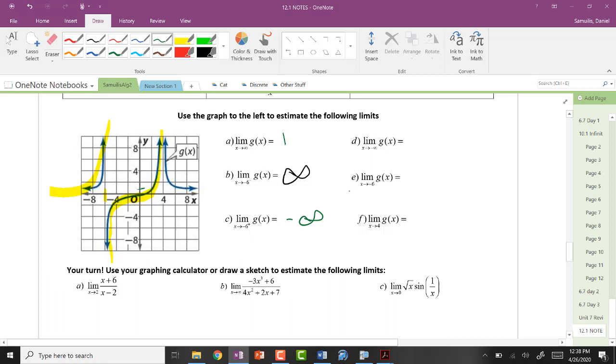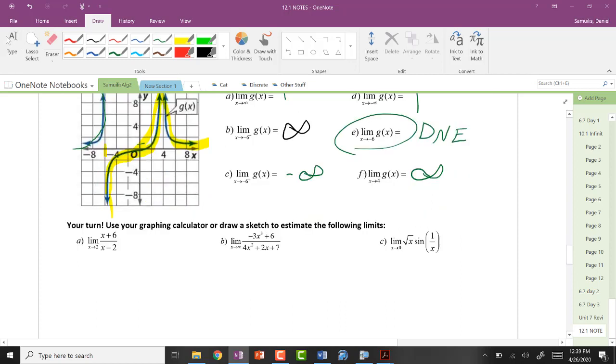You know what that means? This one does not exist because these two limits are not the same. As x approaches -infinity, as your x values are getting smaller, the y values are also headed towards 1. And as you're approaching 4, from the left it goes to infinity and from the right it goes to infinity, so they're headed in the same direction, and the limit is infinity.